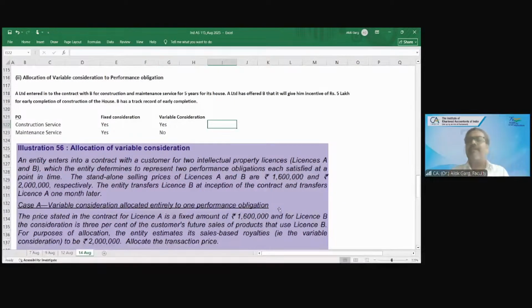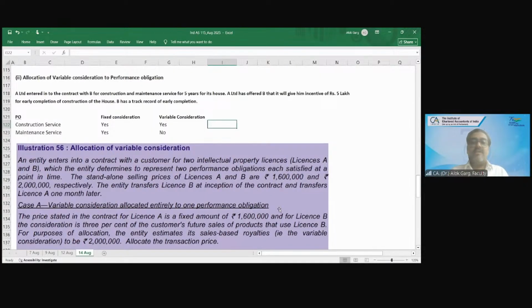Now coming to the variable consideration. Whether this 5 lakh rupees has to be allocated to both the performance obligations or should only be allocated to the construction service. What is your view? It is only pertaining to construction, sir. It is only pertaining to the construction service. So this variable consideration will not be allocated to all the performance obligations.